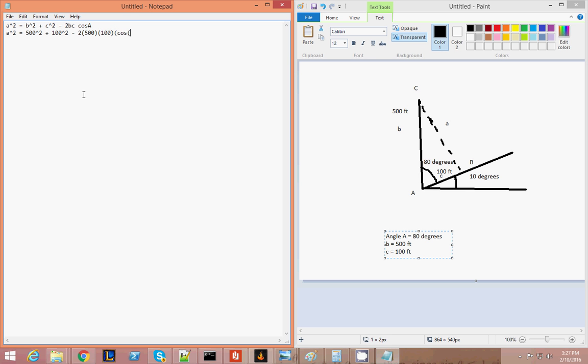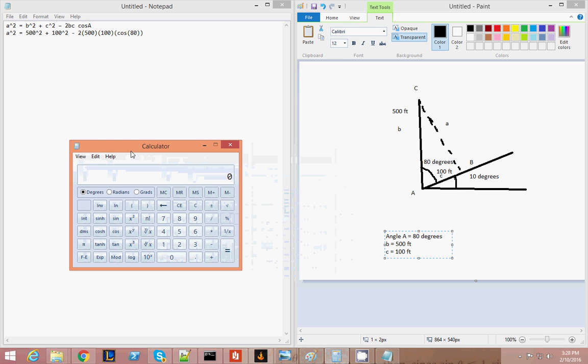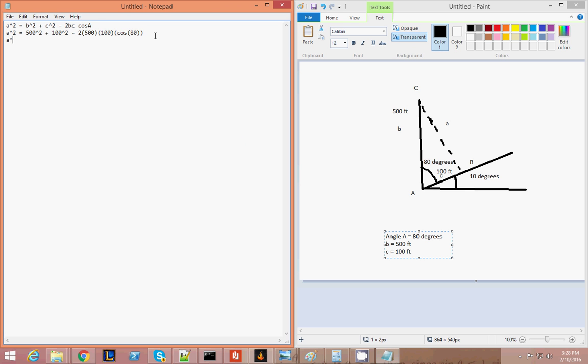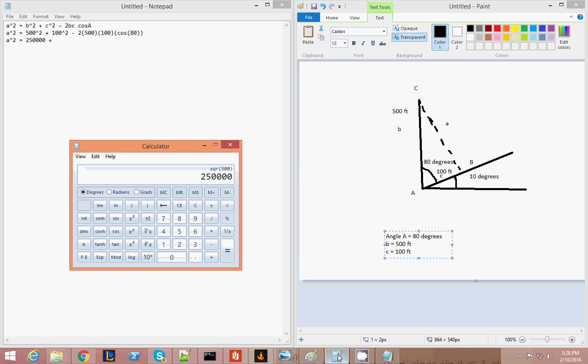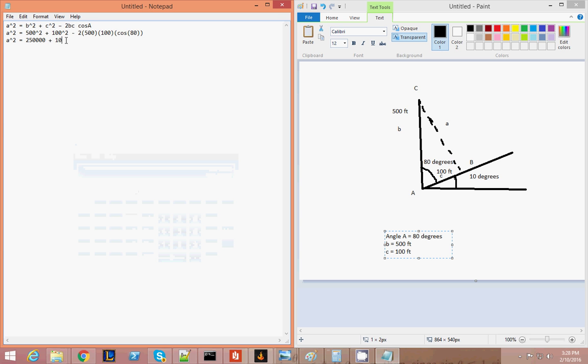So 500 squared is this big number, plus 100 squared, which is 10,000, minus 2 times 500 times 100, and cosine of 80, which is this big number.